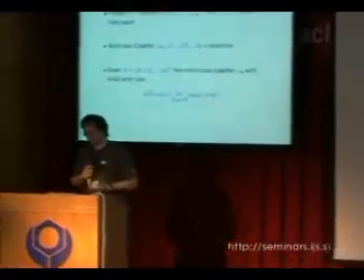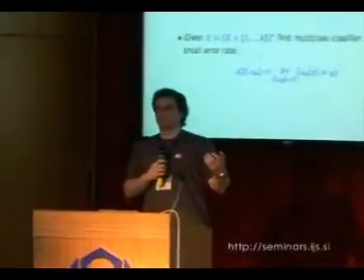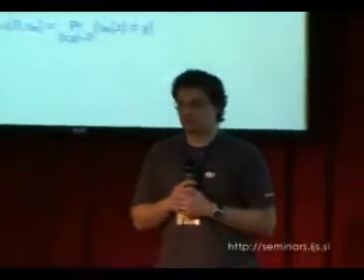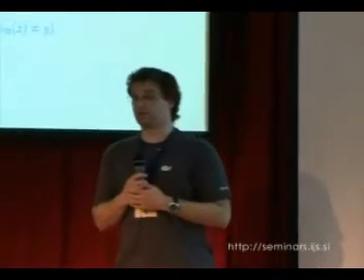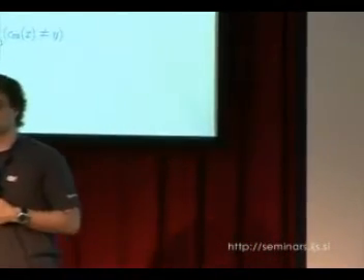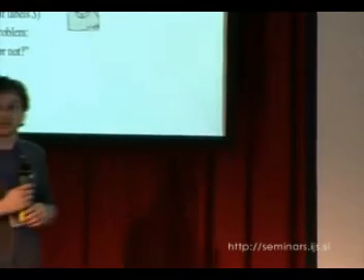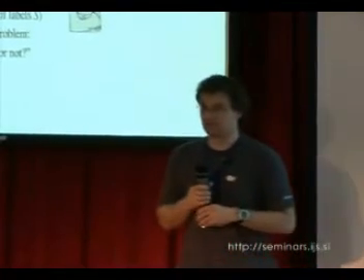Okay, so is the ability to solve binary classification equivalent to the ability to solve multi-class classification? It's a reasonable question. And it turns out that in some sense the answer is yes.